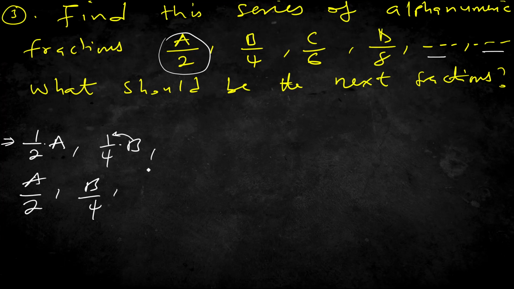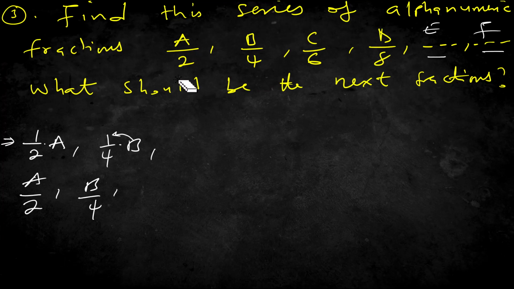So I think the numerators are constant. We have the numerators being the alphabets: A, B, C, D. So the next one will be E, then the other one will be F. So this one is very simple. It's only the denominators that we are going to observe well.